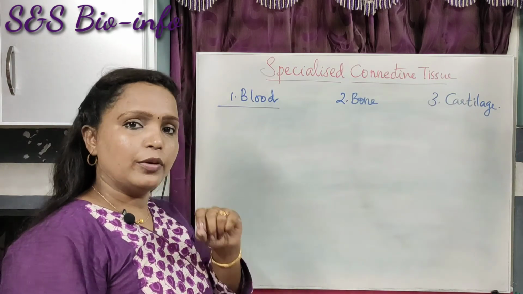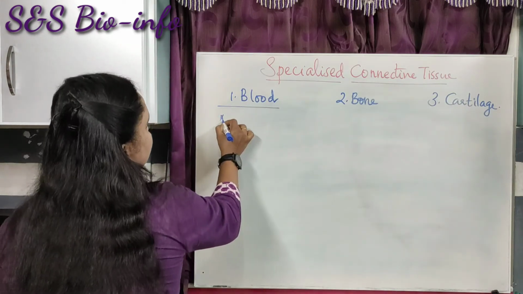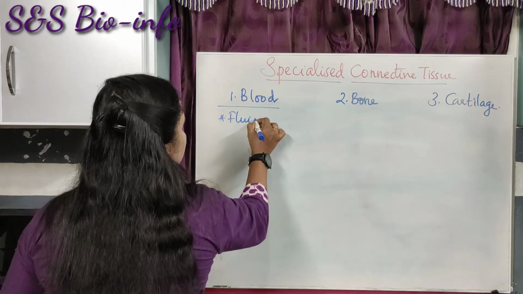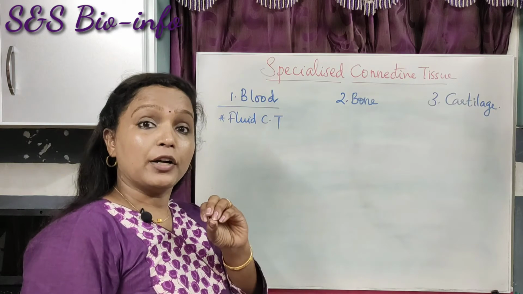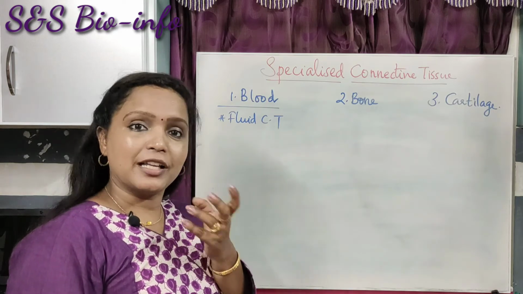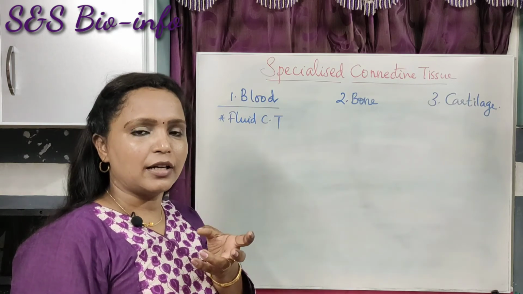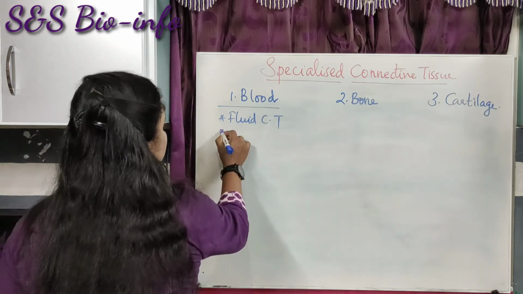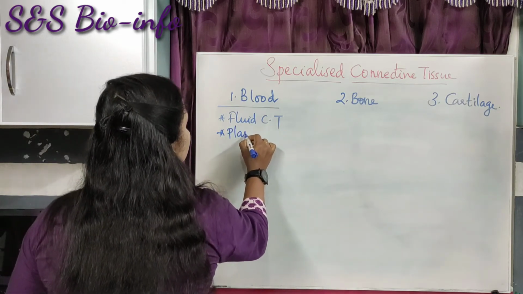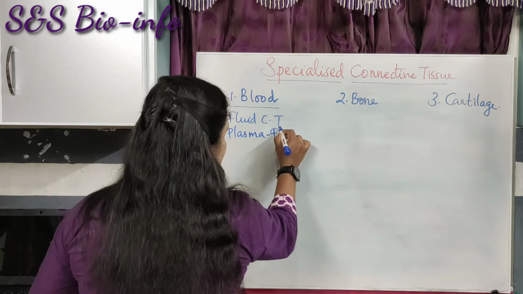Blood is a fluid connective tissue, because the fluid part of the blood is called the plasma. The major content of the plasma is water.